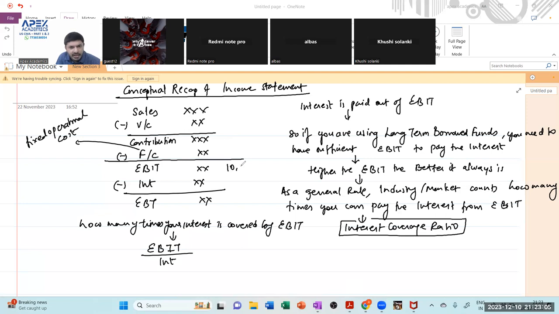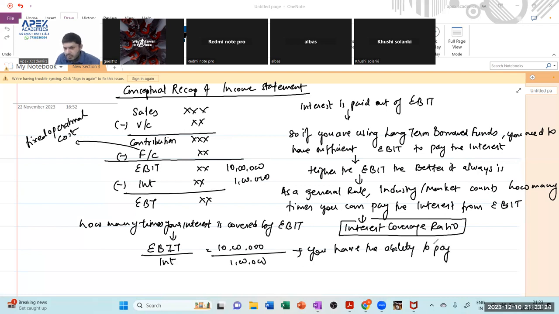So suppose this is 10 lakhs and this is, let us say, 1 lakh. Can I say that you have the ability to pay interest 10 times out of your operational funds?